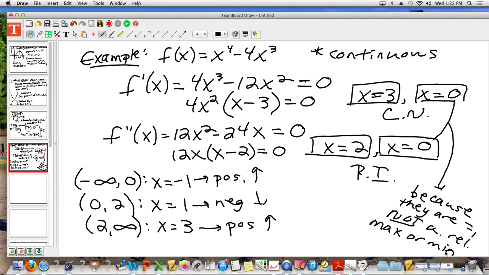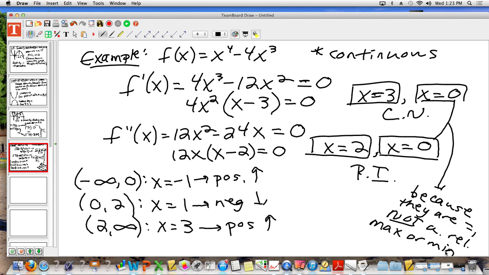So that's why we put the second derivative equal to 0. We factored it and we found the x values that made it 0. The x's that make it 0 are what we call the points of inflection. The x values that make it less than 0, those are concave down intervals, and greater than 0, concave up.